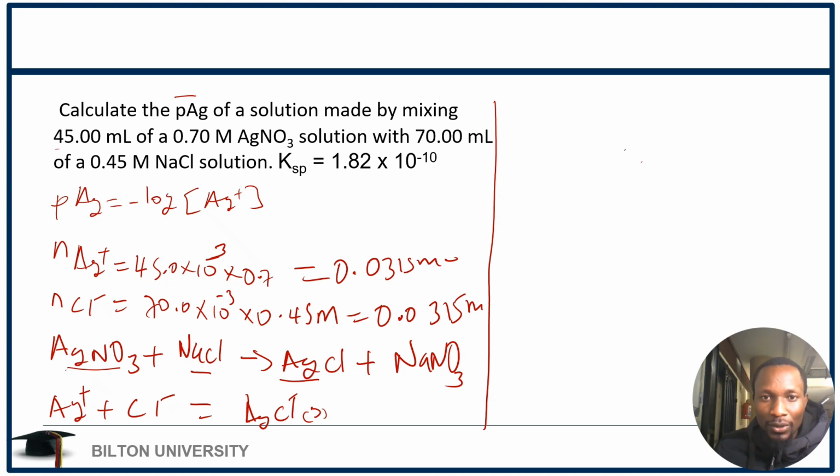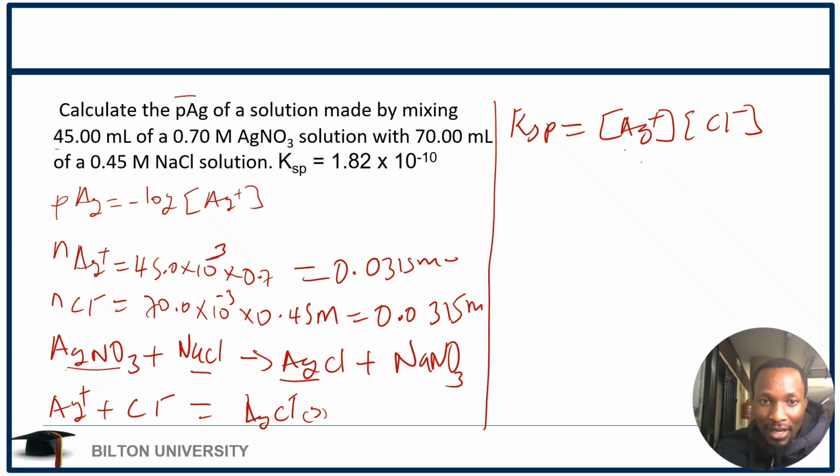Because at the equivalence point the concentration is the same, we are going to say then Ksp, just like you have seen, is equal to the concentration of silver ions times the concentration of the chloride ion, because it is at the equivalence point.